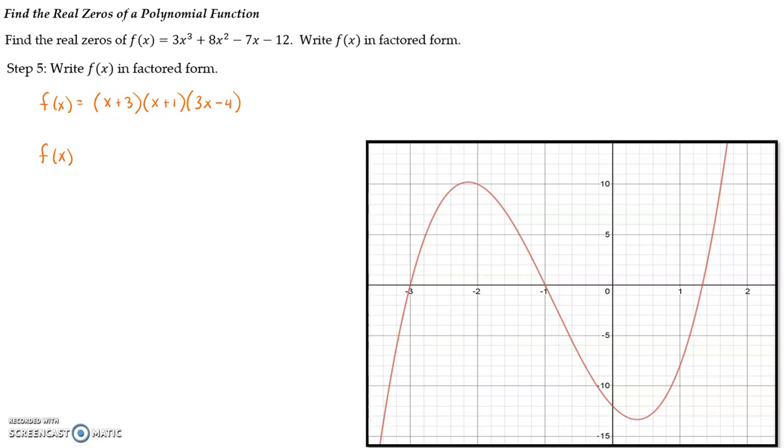You'll remember from that last round of synthetic division, we had these factors, the x plus 3, the x plus 1, and our other 0 over here was this 4/3. So sometimes I'll have a student that wants to write this as x minus 4/3, right? Because that was our third 0 that we were working with.